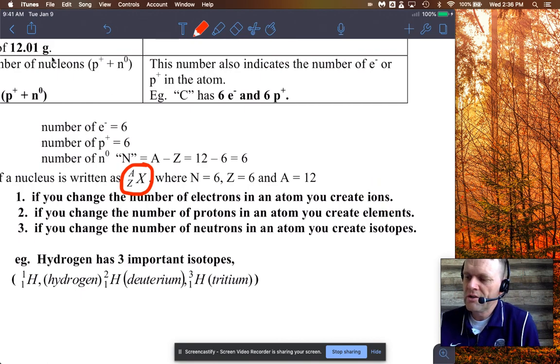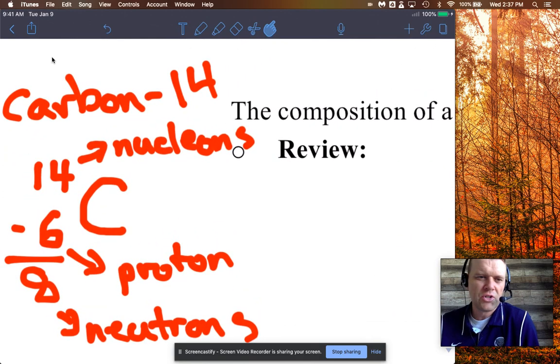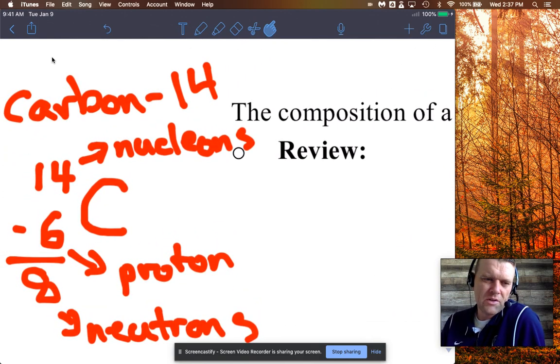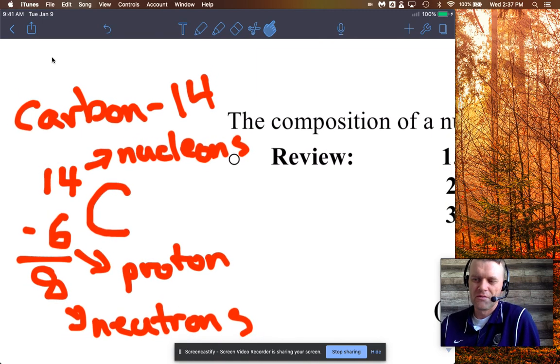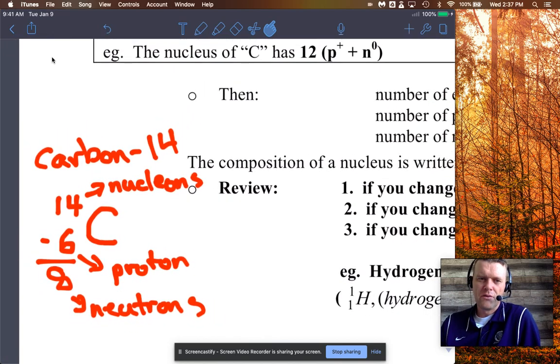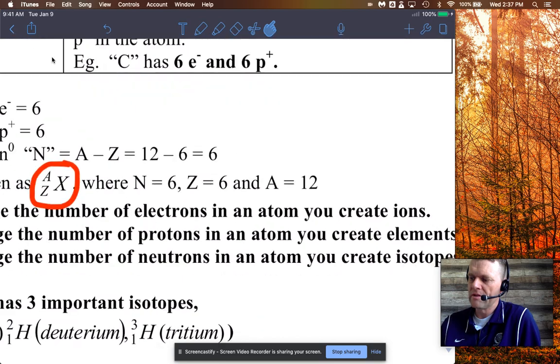If you change the number of protons in an atom, you create elements. So if I change that 6 here from carbon 14 to a 7, it's not carbon anymore. That would push it to nitrogen. So if you change the number of protons, you create elements.